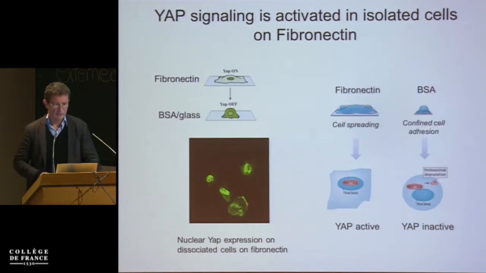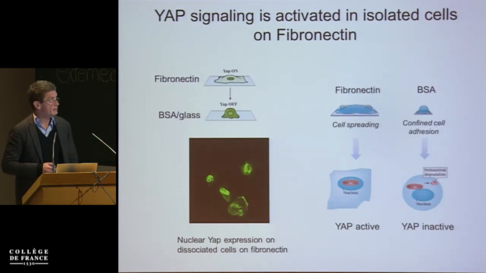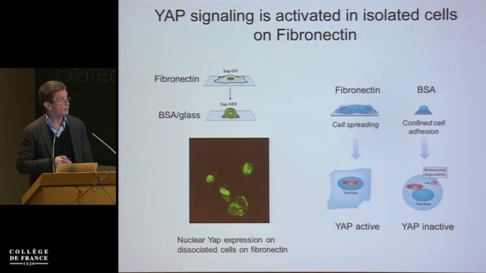In fact, what we realized is that the big difference between the cells cultured on fibronectin and on BSA is their adhesive behavior, meaning that the cells on fibronectin are very spread out on the substrate, whereas on BSA they're very confined, so a very different organization of the cortical skeleton. This is known to be associated to the activation of a well-known mechanosensing pathway, the YAP signaling pathway.